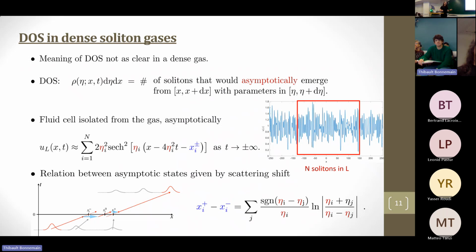The knowledge of the soliton content of the field should be enough to reconstruct the field and obtain the statistical properties. But in practice, how to get the statistics of one in terms of the other is not really known.